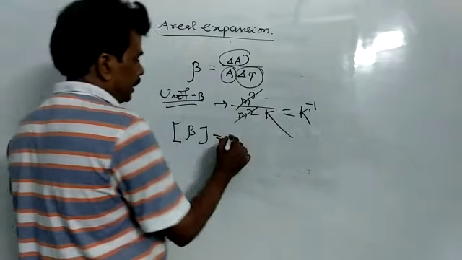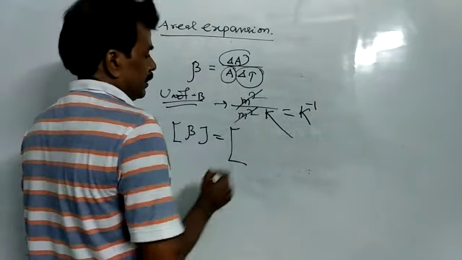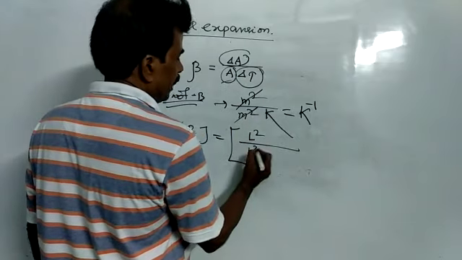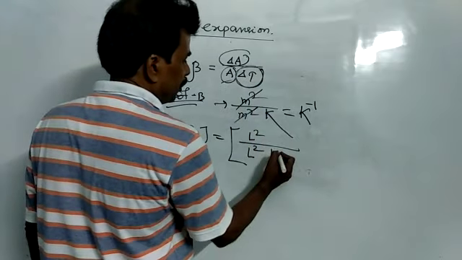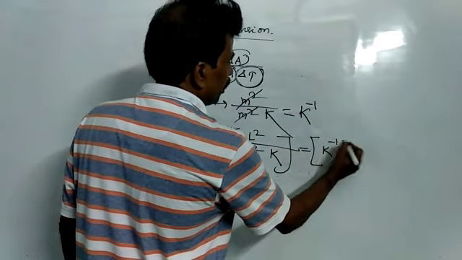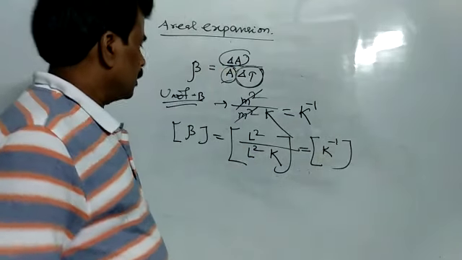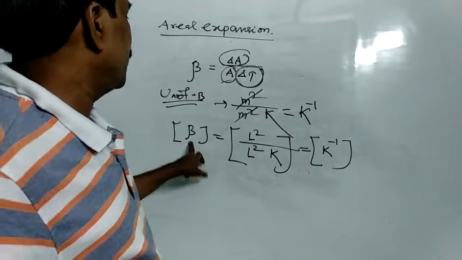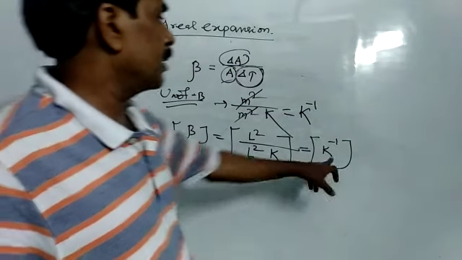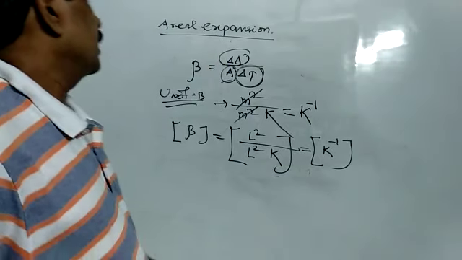Delta A means L square, area, and delta T you can put K. So this is K to the power minus 1. So just like the coefficient of linear expansion, beta has the same dimension.